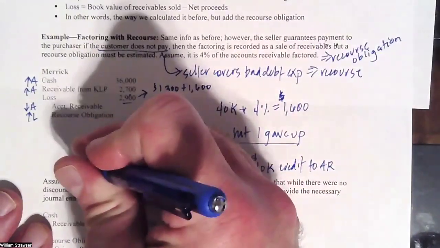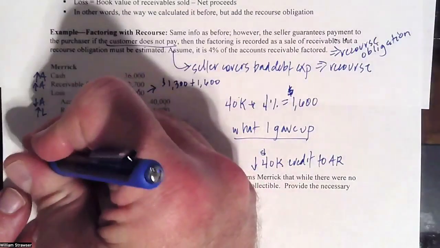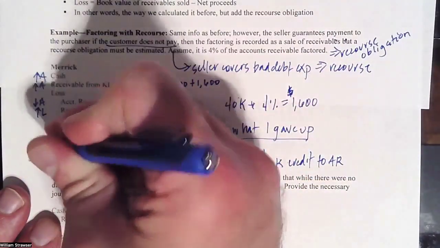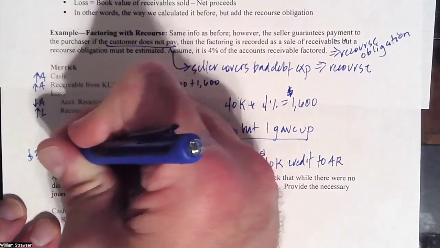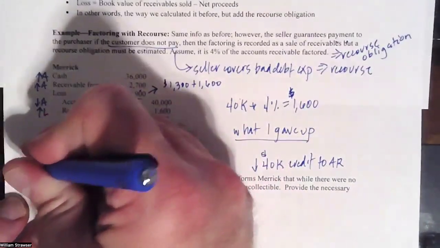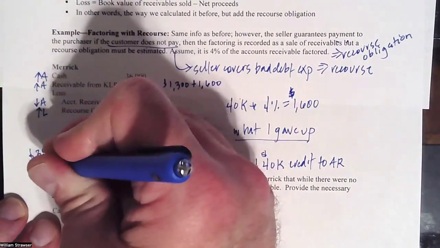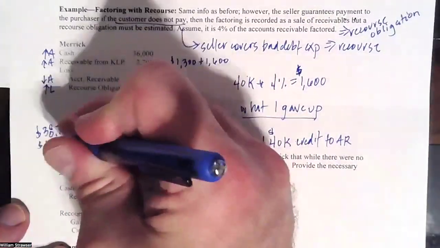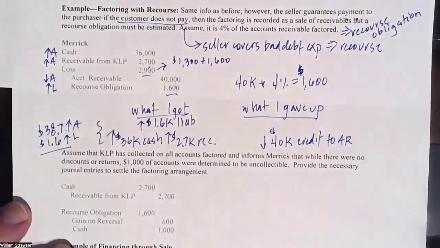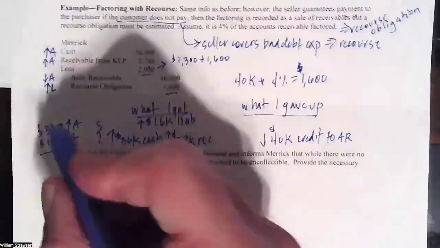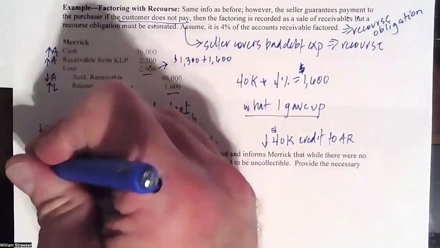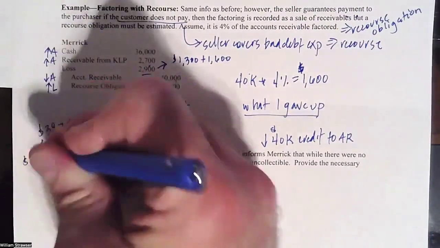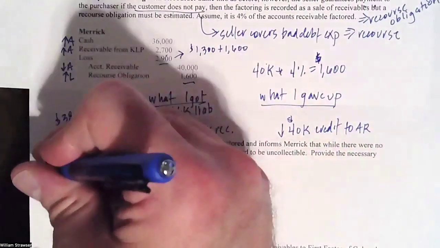So when I consider both of these together, I got $38,700 of assets, but that $1,600 liability as well. And when we consider net assets, the net value, I had 37,100 net assets.